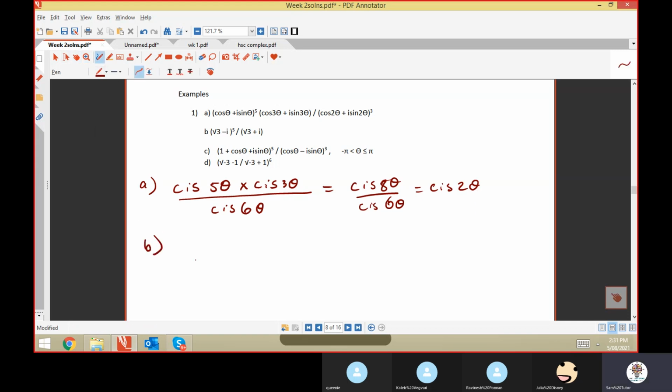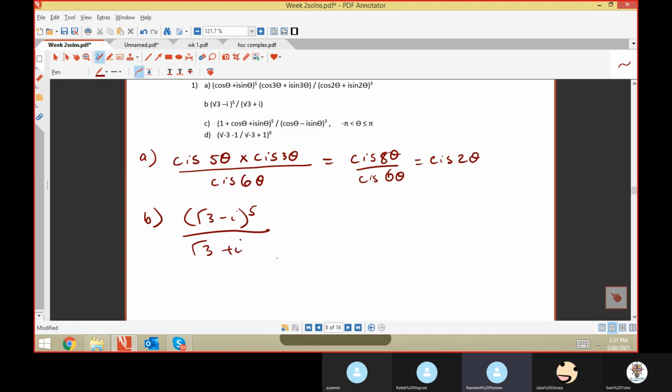Anyways, B. All right, Rav, you get a question like this in your exam. What do you do, Rav? Multiply it by the conjugate? Look, you've got power of 5 in this expansion. Are you even going to be able to expand that to the power of 5? You've got to use binomial expansions.